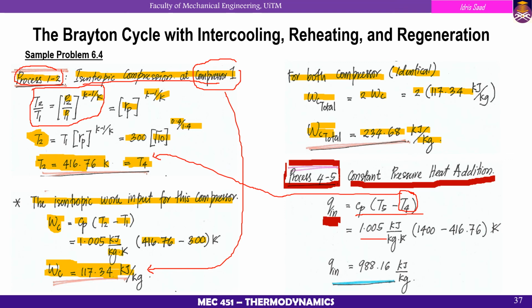We can substitute here, and then we get Q in equal to 988.16 kilojoule per kilogram. That is how we do it process by process.